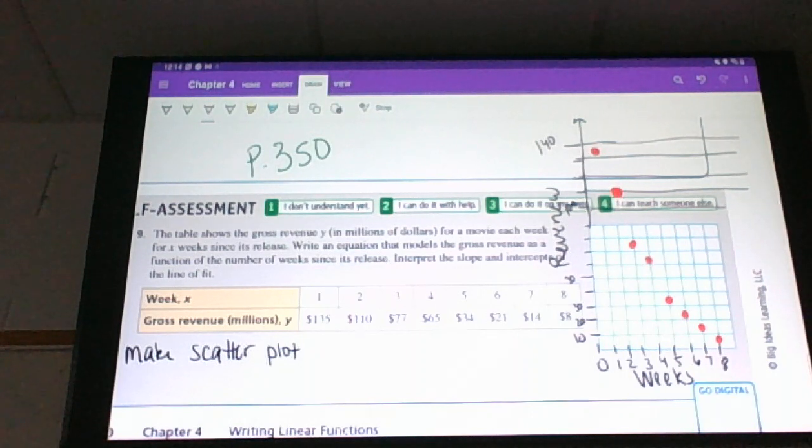I do want to put a disclaimer: this does not connect the dots. Do not connect every dot. We don't want a zigzag line. We're looking for one clean straight line. So it goes through the data. You want to aim for the same number of points above the line as below the line.